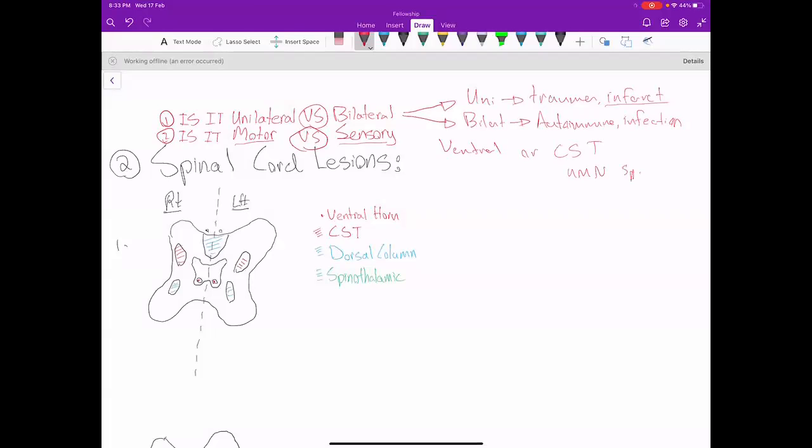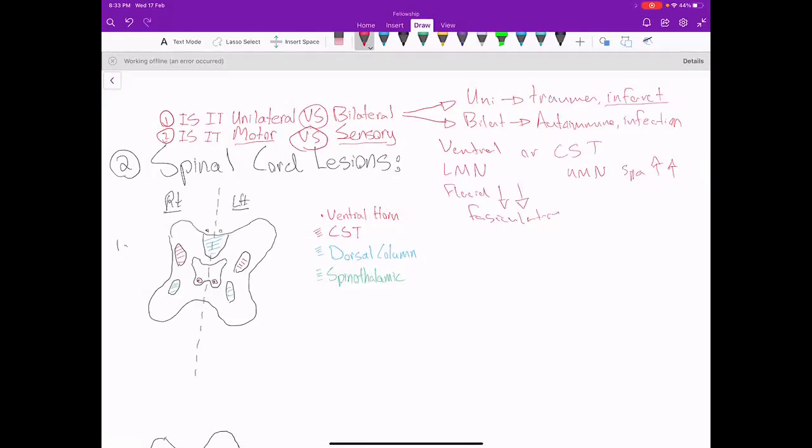Do I have spasticity, hypertonia and hyperreflexia? Or is it a lower motor neuron lesion? Do I have flaccid paralysis, hypotonia, hyporeflexia or fasciculations, etc.?